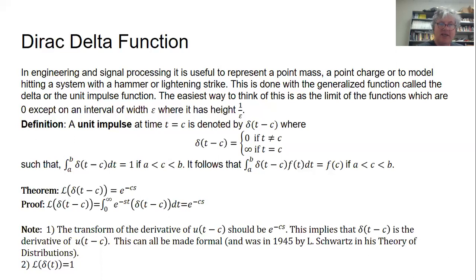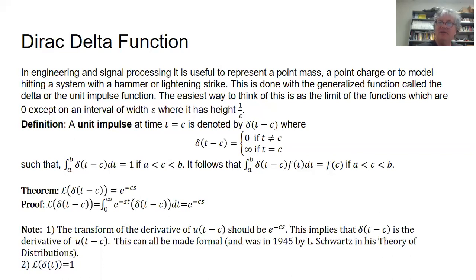So the interesting thing is the transform of the derivative of u of t minus c should be e to the minus cs, right? This is because of what happens when you take the derivative and the Laplace transform. And this kind of implies that the Dirac delta function is the derivative of the unit step function, which is all kind of crazy because, of course, it's discontinuous there.